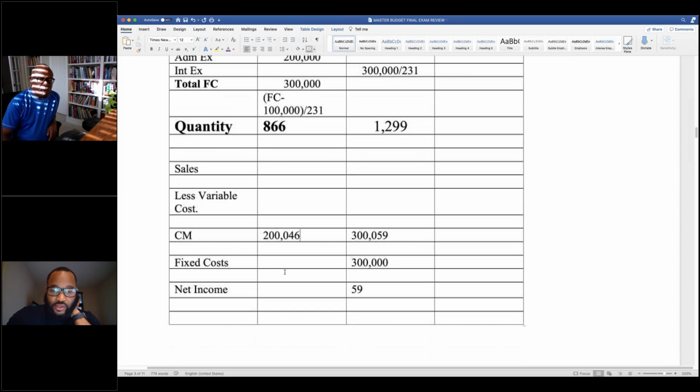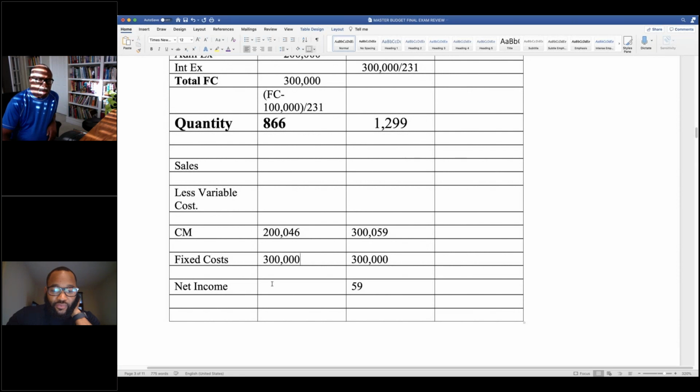And the fixed cost for what? 200,000, yeah. So what's our loss? A little bit over 100,000, 9,954.